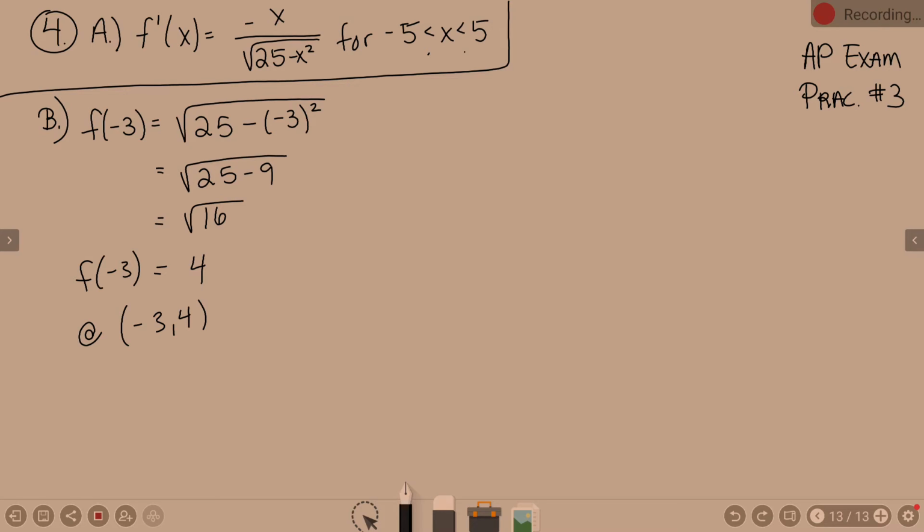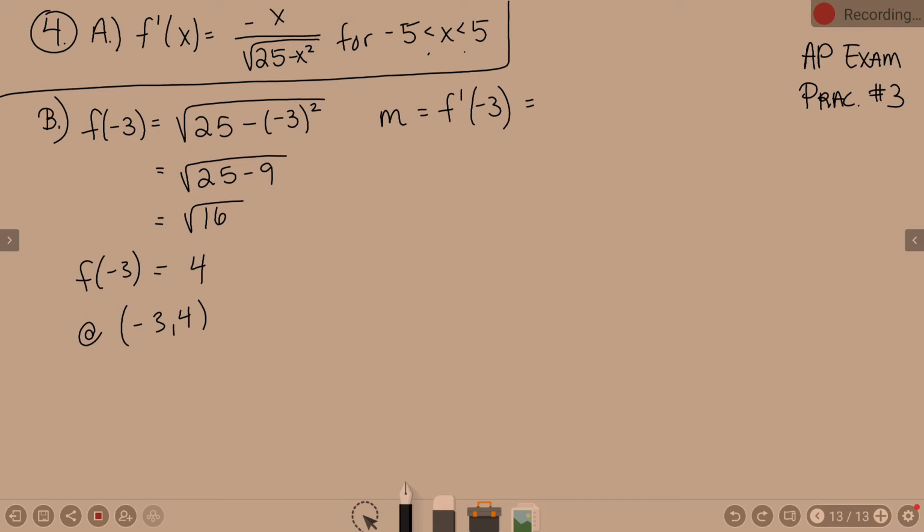Besides a point, we also need a slope. How do we find slope in calculus world? The derivative. So we need to find the derivative evaluated officially at -3. Do we already have the derivative? We certainly do. This is how free response problems work. Okay?